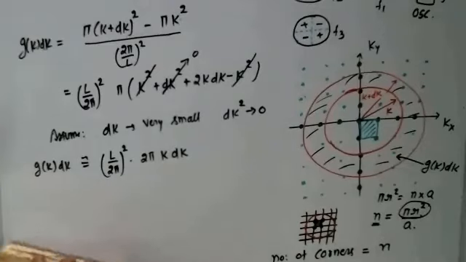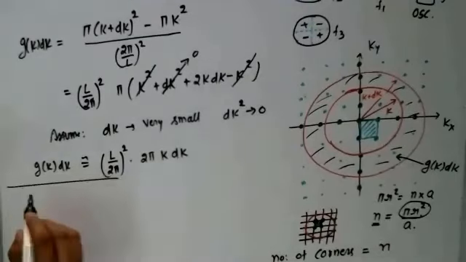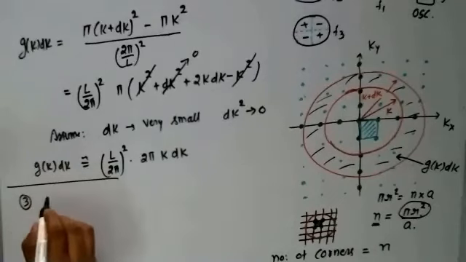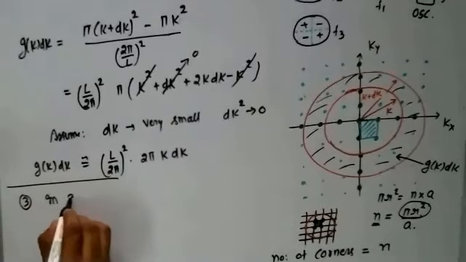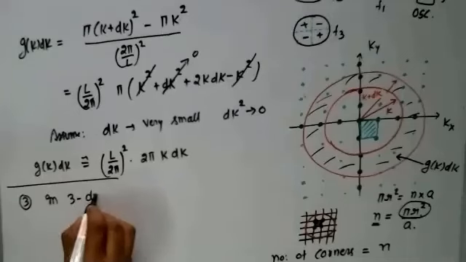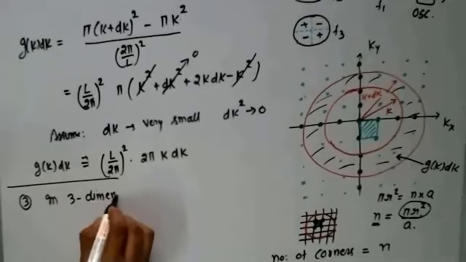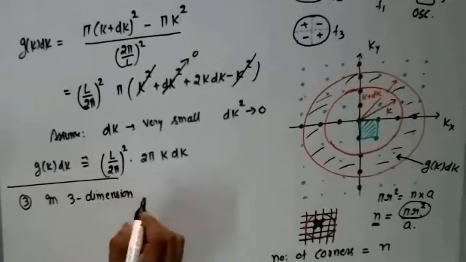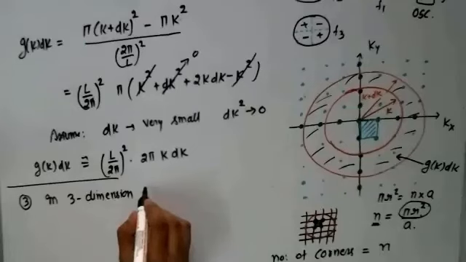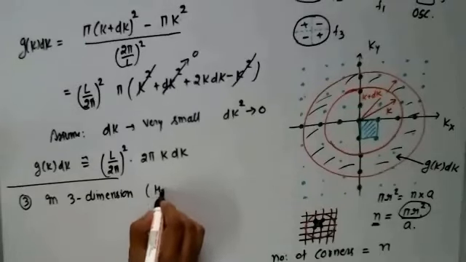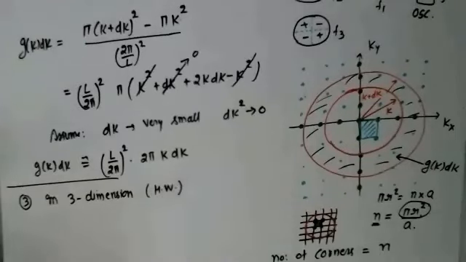Any questions यहाँ तक? ठीक है, अगर क्वेश्चन नहीं है, then what I can give you as a homework. So लिख लो, find the expression of gk dk in 3 dimension.